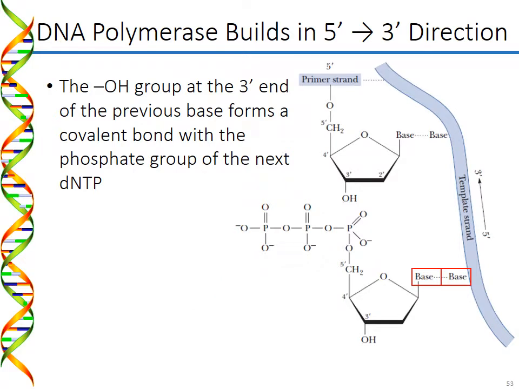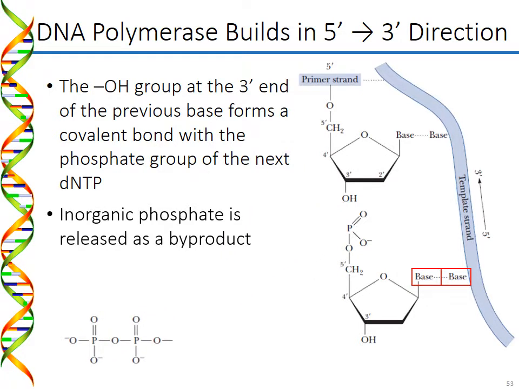So what happens in the polymerization reaction is that the electrons from the OH on the previous nucleotide will attack the phosphorus atom here on the first of the phosphate groups.